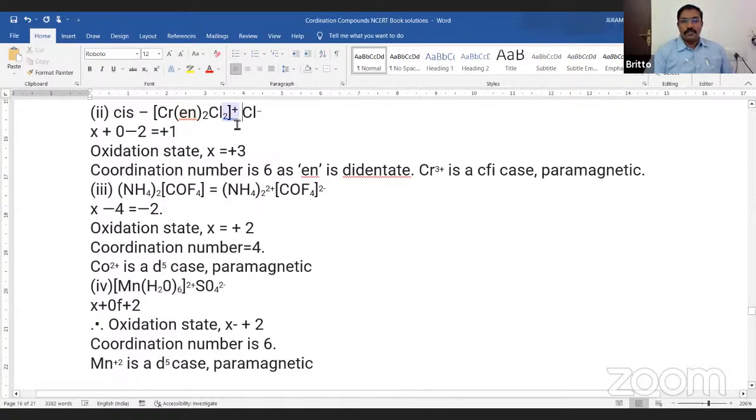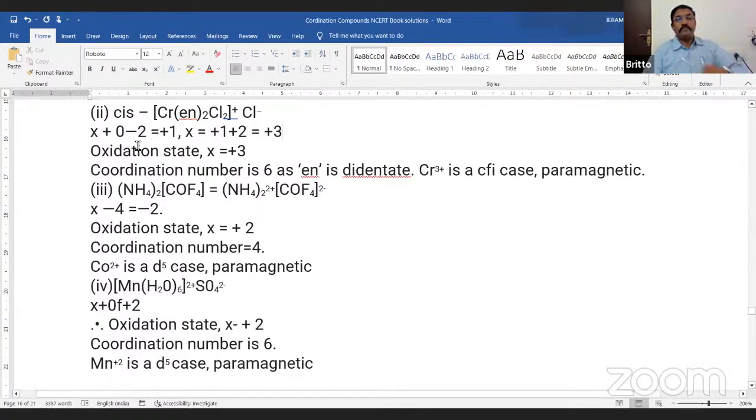The overall charge is plus 1 because the counter ion is only Cl minus, so the complex has to be plus 1. Moving the -2 to the other side, x equals plus 1 plus 2, so you get plus 3.